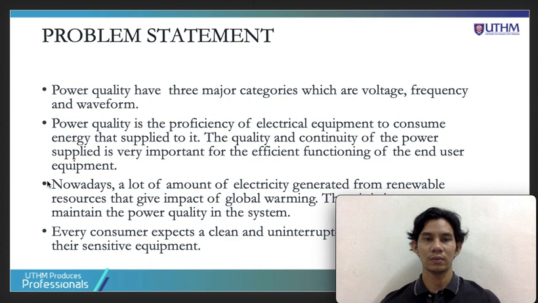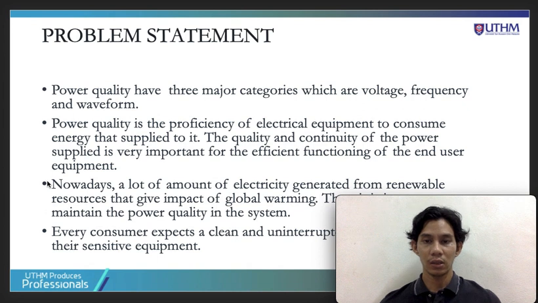For the problem statement, firstly, we need to know power quality has three major categories, which are voltage, frequency, and also waveform. Power quality is the proficiency of electrical equipment to consume the energy supplied to it.